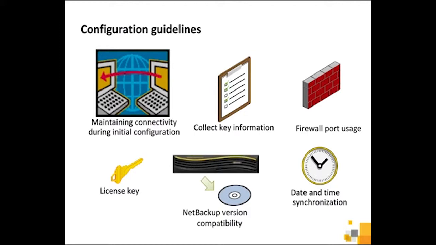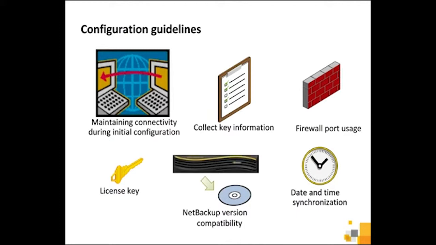If the master server is not running a supported version, it must first be upgraded to the supported software version along with other applications such as Op Center, if present, before setting up the NetBackup Appliance 5330 as a media server in an existing NetBackup environment.